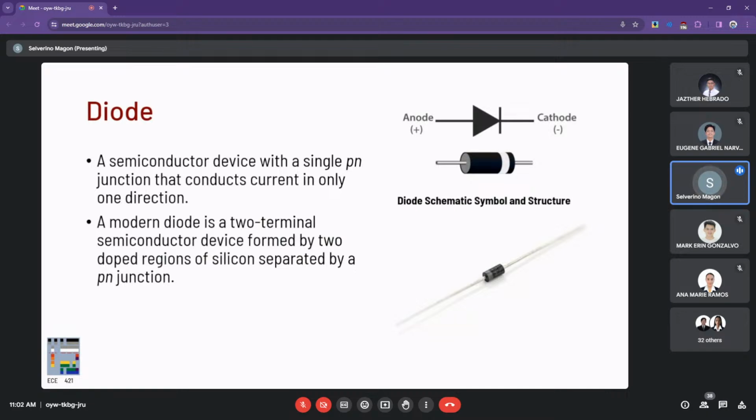In terms of the typical model, the 1N4001 or 4000 series is in millimeters dimension.